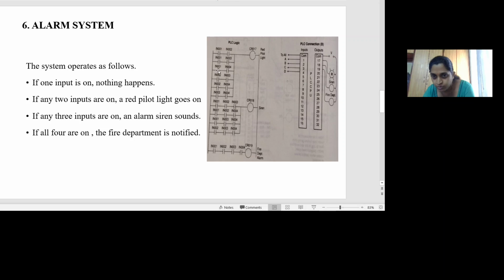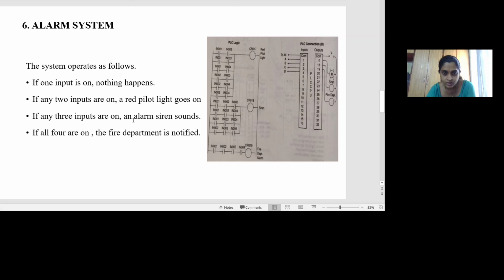Again, input 1 and input 4, that is input A and input D, both are on. Even in that case, your red light has to be turned on. So like this, we have six combinations. So the red light turns on only when any two of the emergency inputs are on.